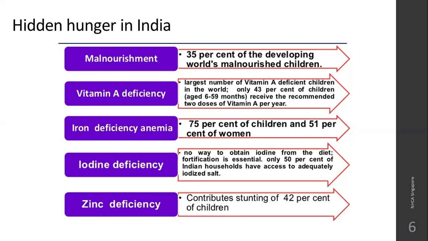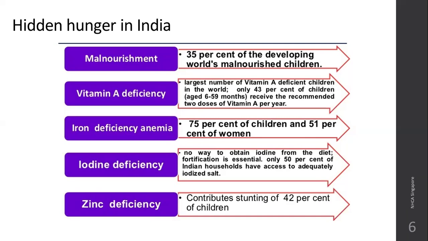The remaining 57% of the children are not even getting this prophylaxis. Less than half of the Indian children who are vitamin A deficient are getting the vitamin A prophylaxis.